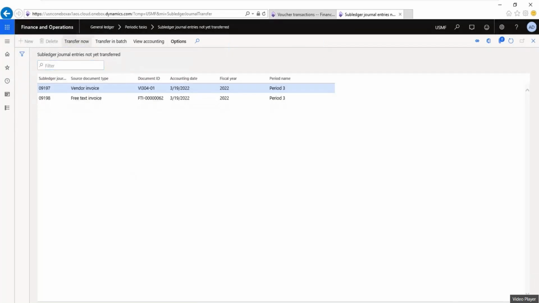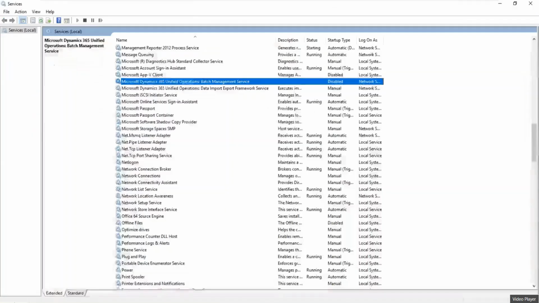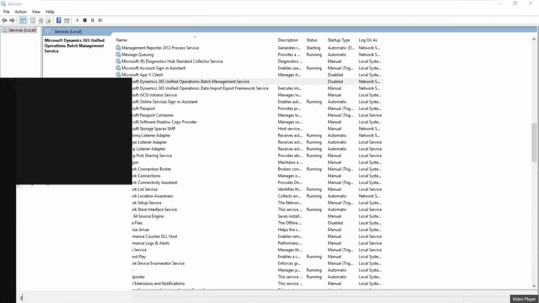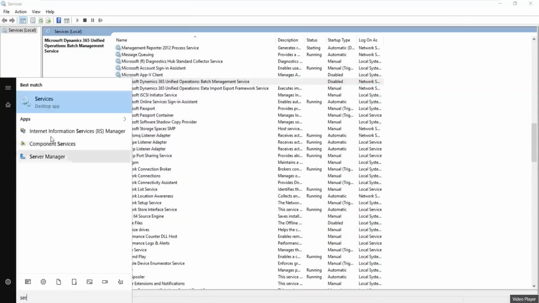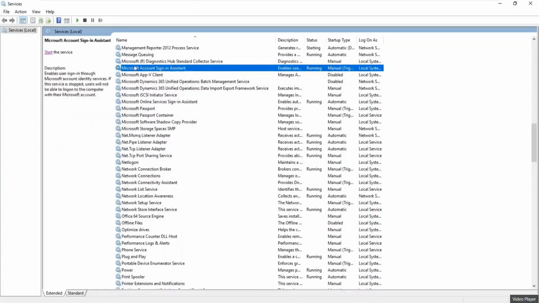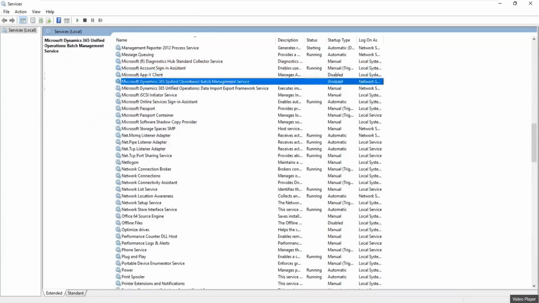Okay, so actually the performance of the system is going down. To improve performance, I have stopped Microsoft Dynamics 365 services. Type SER in here, and if you click services, it will open. If you select any one and press M, it will show Microsoft Dynamics 365 Unified Operations Batch Management Services.